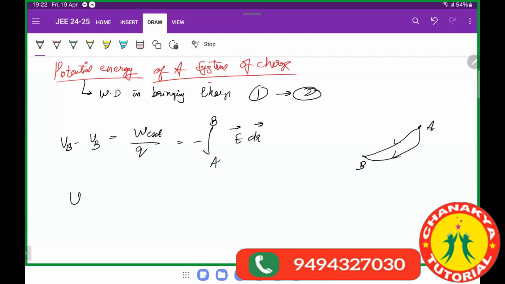We need to integrate here. The total energy of the system will become the work done into this charge here. So it will become 1 by 4 pi epsilon naught Q1 Q2 by R square. So that is the total energy here.